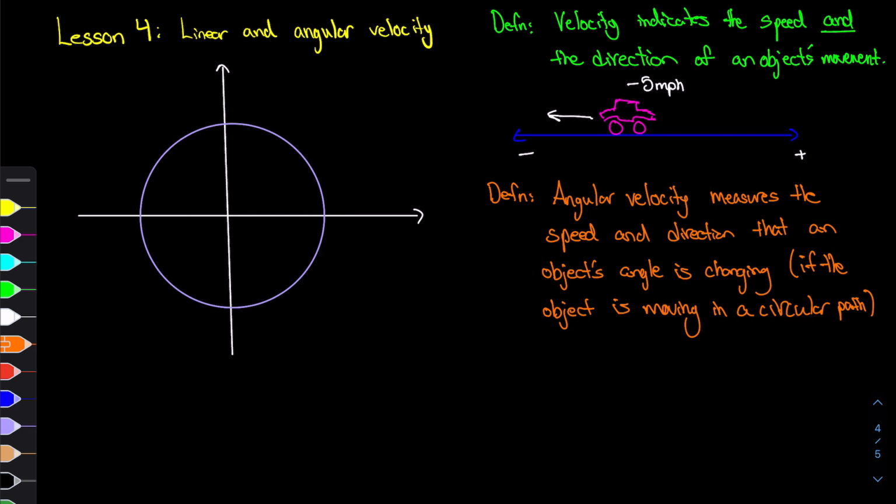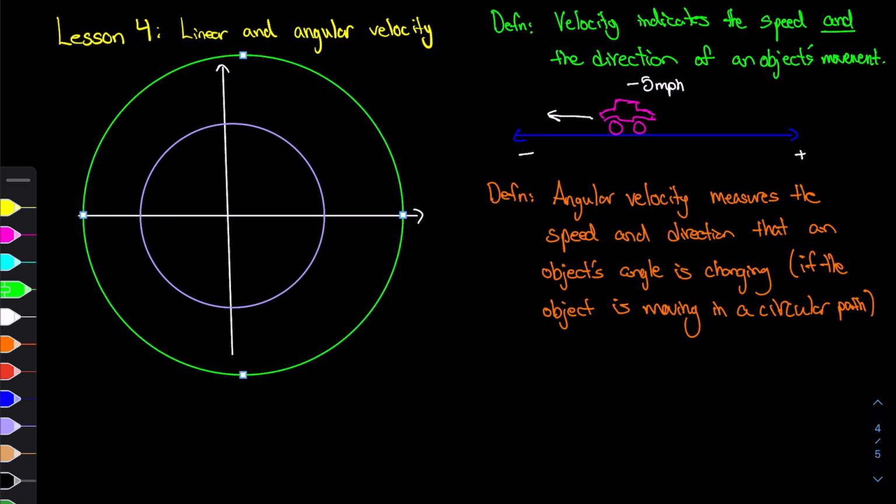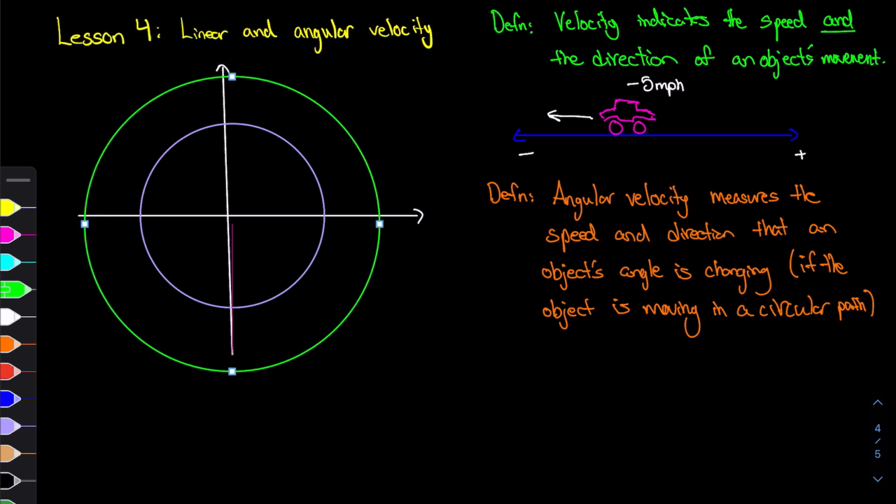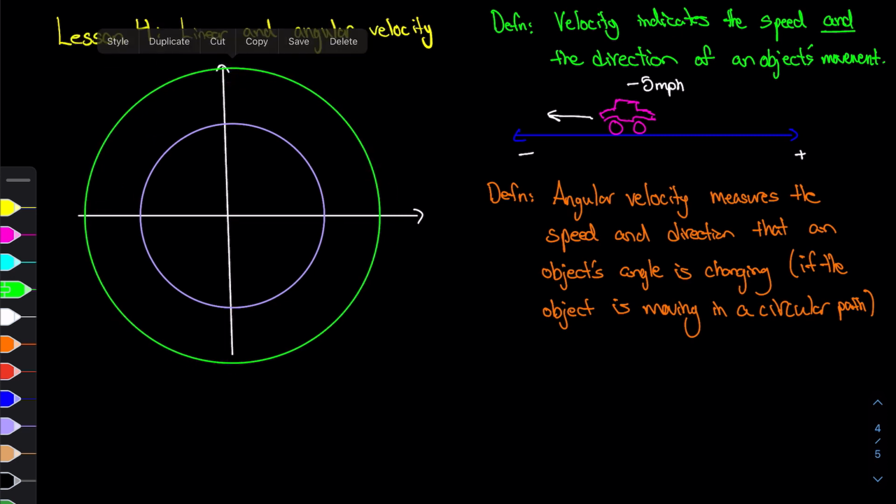Now, what is the relationship, the connection between the two of these? Let me pose you a question. Let's pretend we have two circles, a small one and a big one, and let's keep them centered. Let's pretend I have two cars.